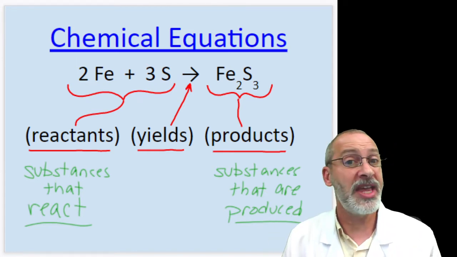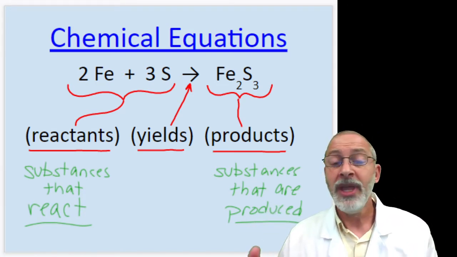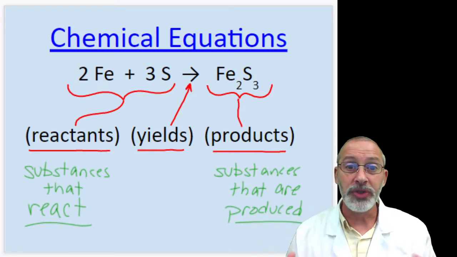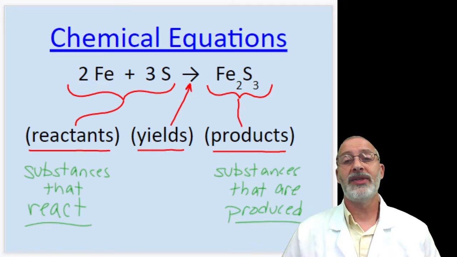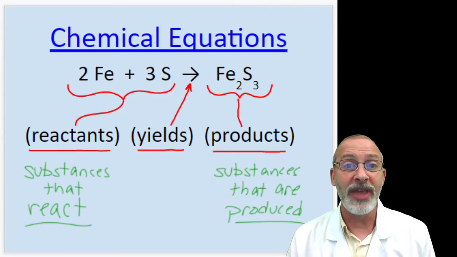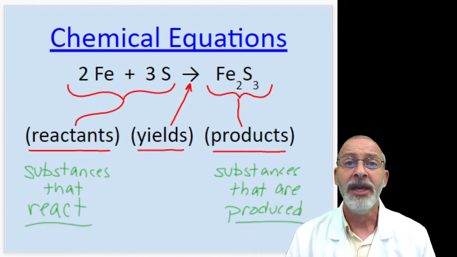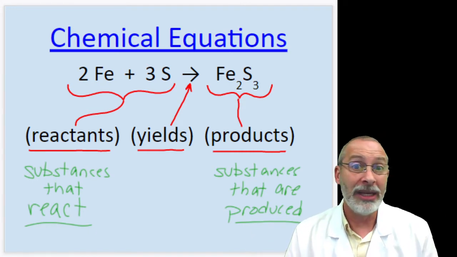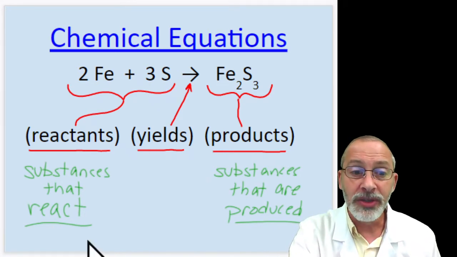Just like a sentence has a subject and a verb, and you need both of those in order to create a complete thought, likewise, chemical equations have different parts that are essential for the full, complete understanding of what's going on in an equation. So let's start with the yields symbol.